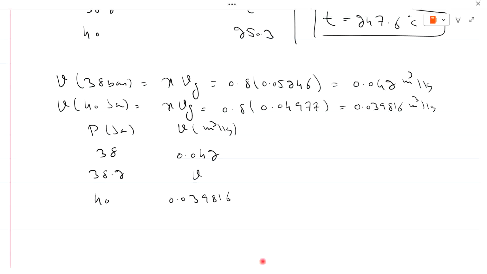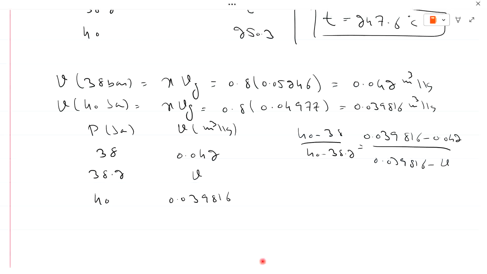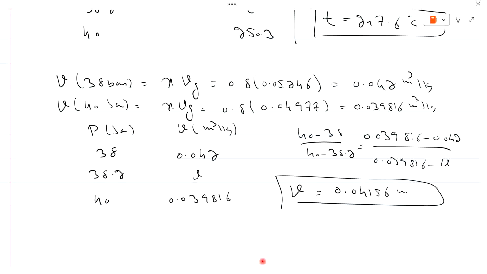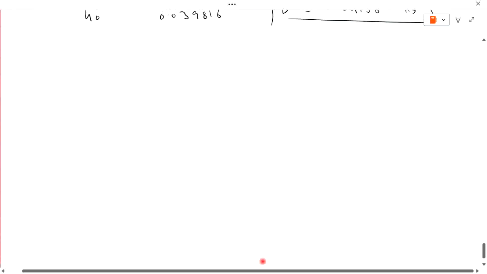So by interpolation, 0.039816 minus 0.042 divided by the third minus second V. Rearrange the equation and find V. So V will be equal to 0.04156 meter cube per kg.